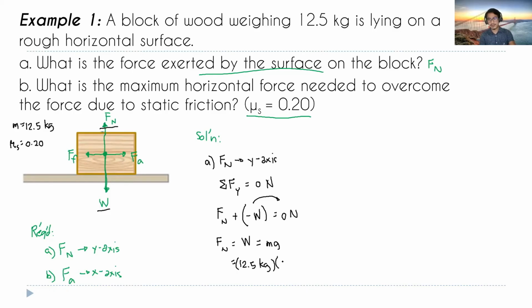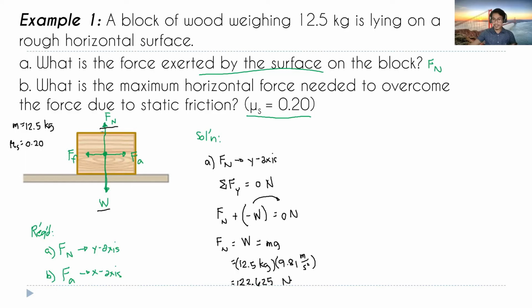Times the acceleration due to gravity, 9.81 meters per second squared. No need to put a negative. And that will give us 12.5 times 9.81, which is 122.625. The unit of force is Newton.